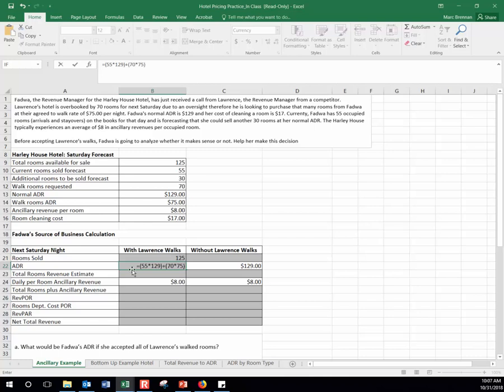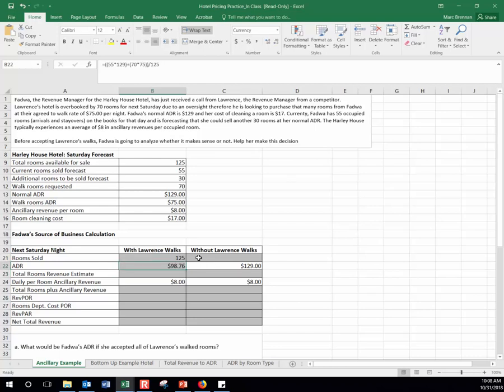When I combine these two, I'm going to open up my brackets one last time. All I've done here is calculate how much total revenue I should bring in: the 55 rooms at the $129 average daily rate, and then the 70 rooms at $75. Then I divide that by how many rooms would be sold, 125. That would give me my average daily rate.